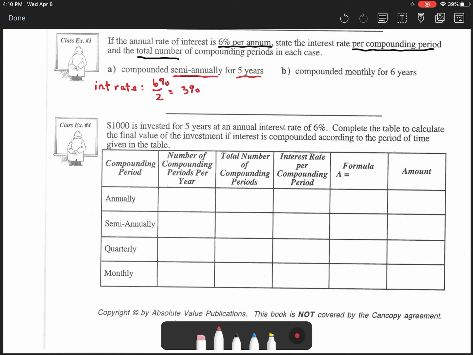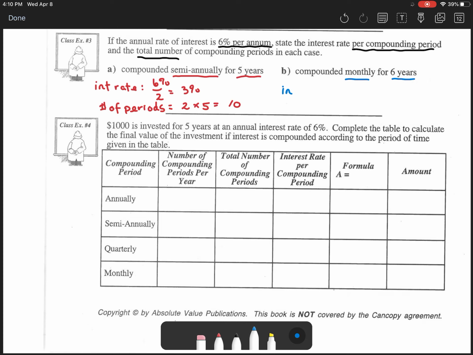And I'm going to do it how often? Well, twice a year, because I'm getting it every half a year. So twice a year for 5 years. So the number of periods where I'm calculating interest would be 2 times a year for 5 years. So I'm going to calculate or collect interest 10 times.